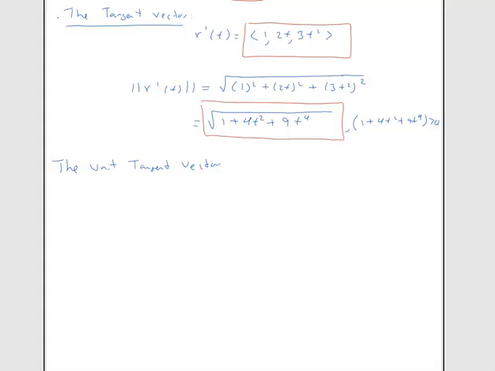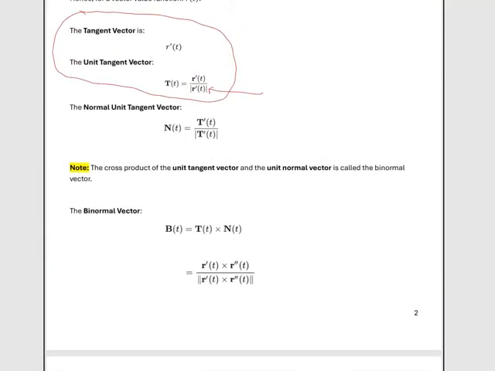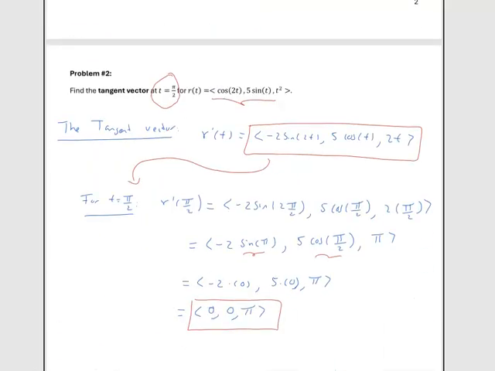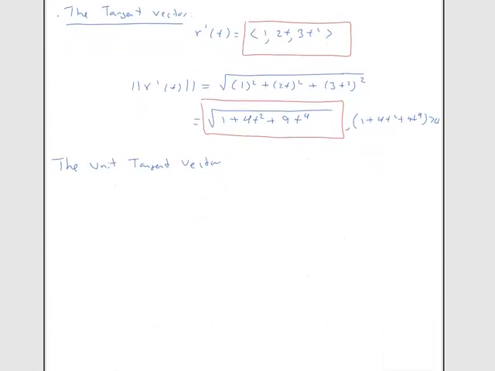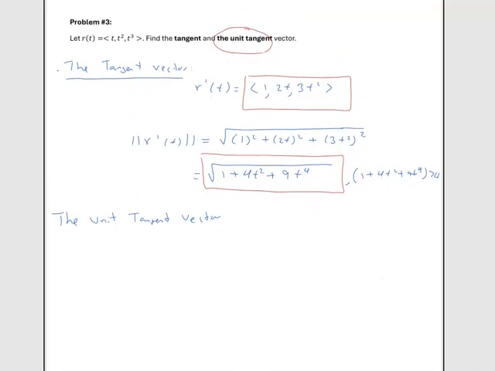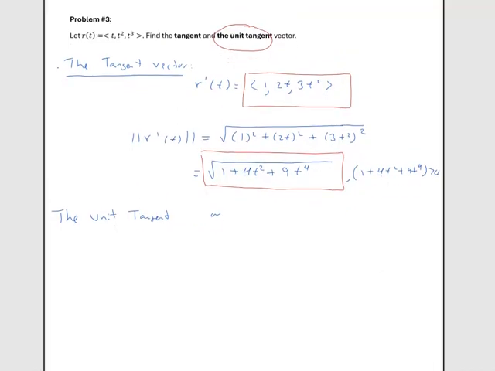and in terms of the formulas, they define it as T. So we're looking at T of t, or capital T, which is equal to r prime of t over the actual magnitude of r prime of t.